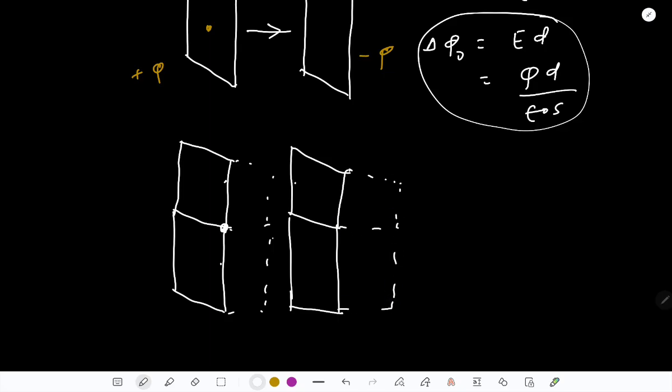So you need to imagine something so that the corner becomes the center of the large capacitor.